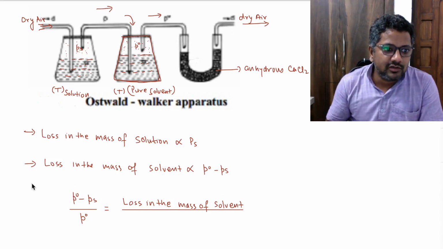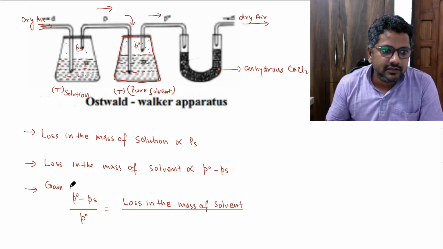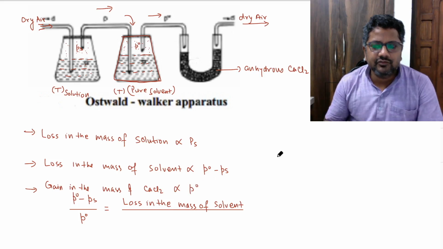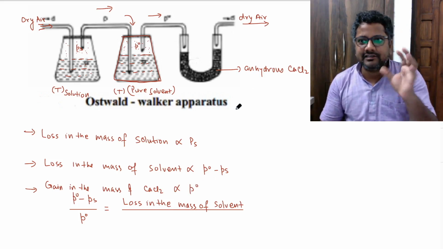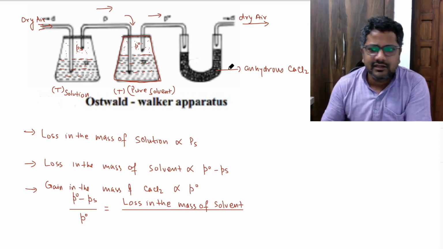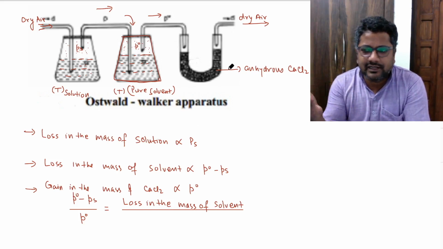See, one more point we can write here: gain in the mass of calcium chloride is directly proportional to P naught, because the total maximum gain of this calcium chloride is the total vapor pressure at that temperature.